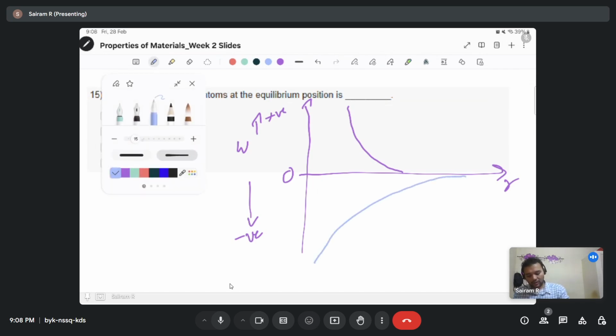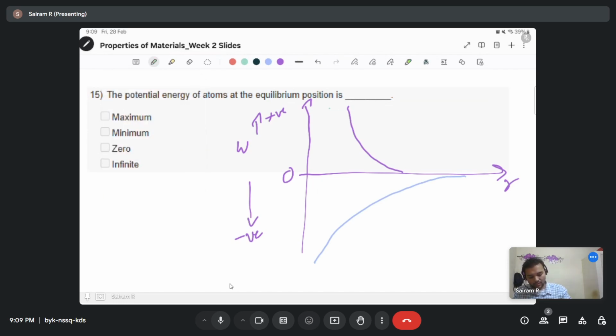The combination of these two is drawn something like this. This is the point of minimum. The potential energy of atoms at this equilibrium position is minimum.